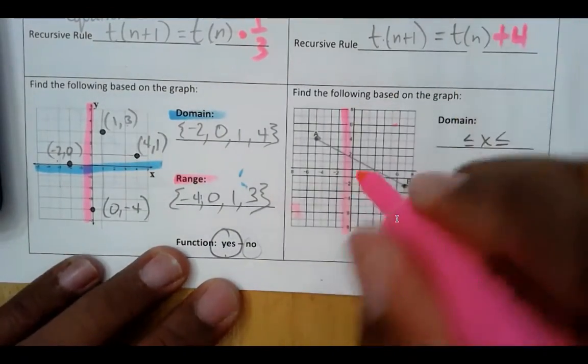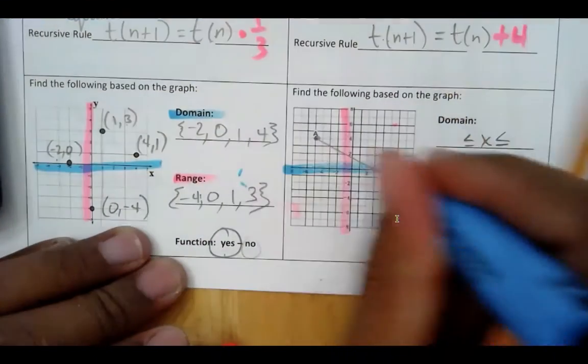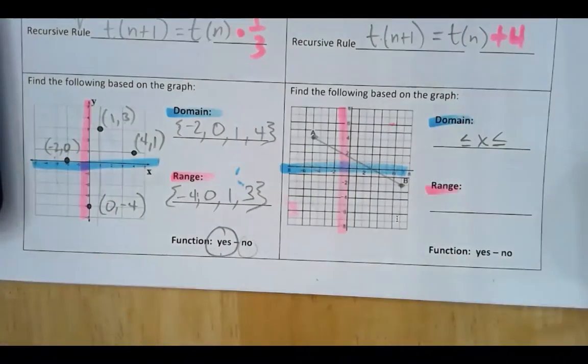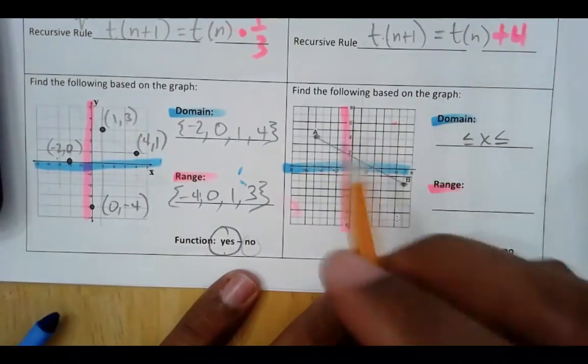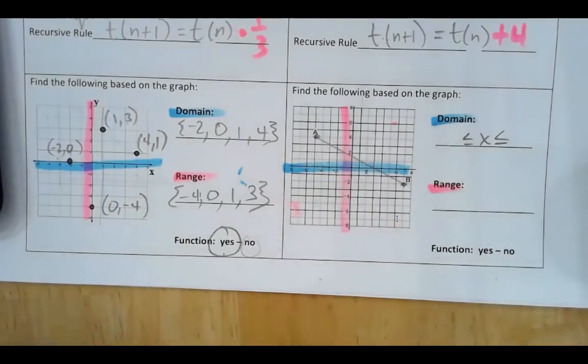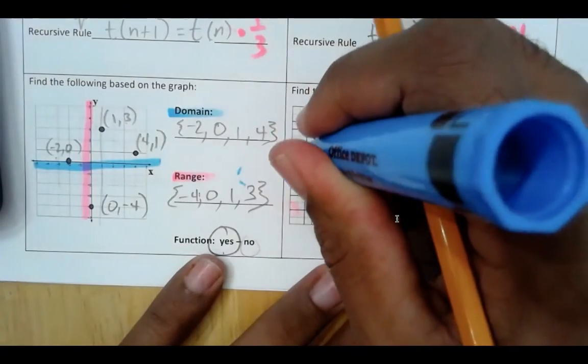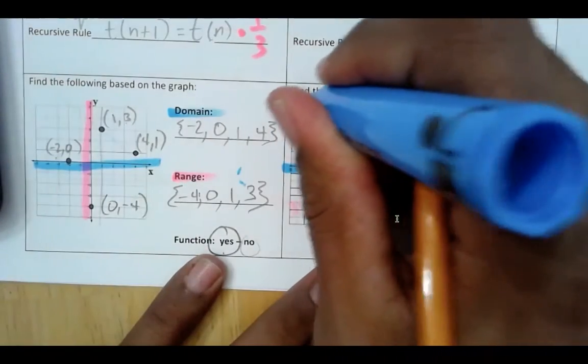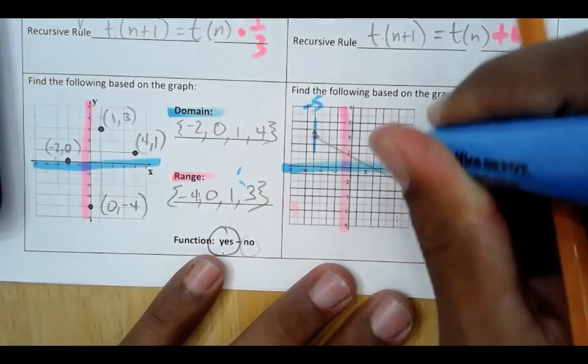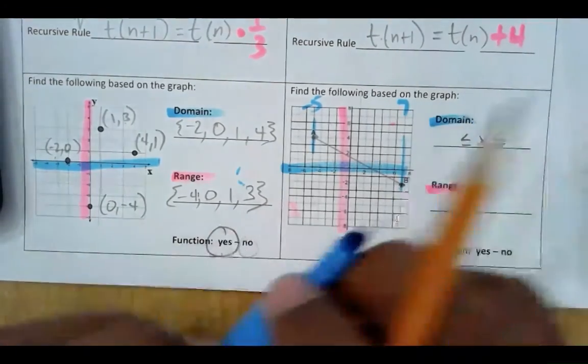Again, we're still focusing on x for domain and y for range. Starting with domain, the furthest x value to the left is going to be -5, and the furthest x value to the right is going to be +7.